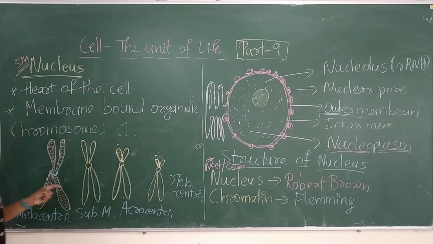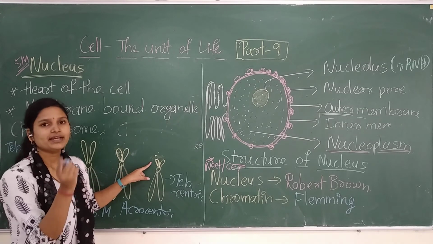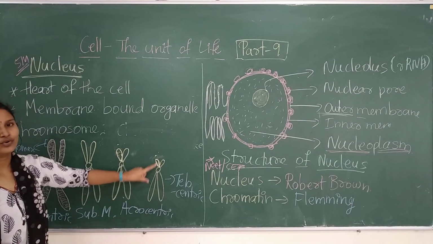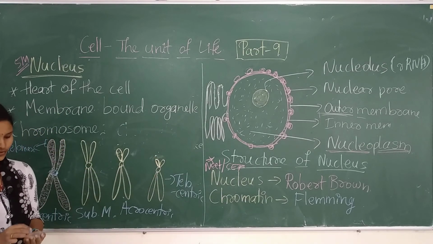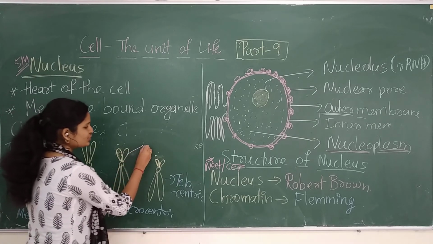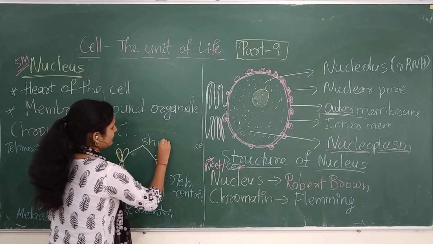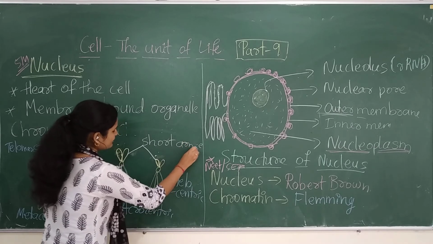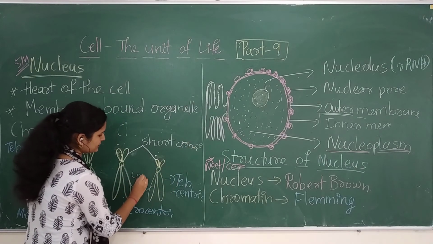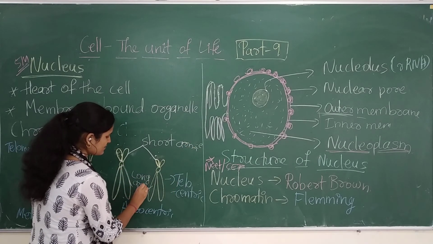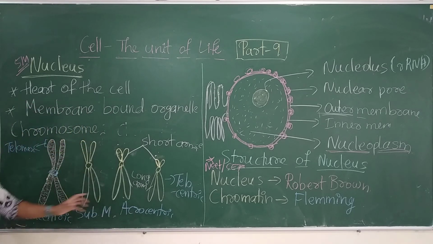Okay, because telomeres will be present here, the end part we call the telomeres. So if the centromere is at the end of the chromosome, then we call it telocentric. This will be your short arm, and this one will be your long arm.